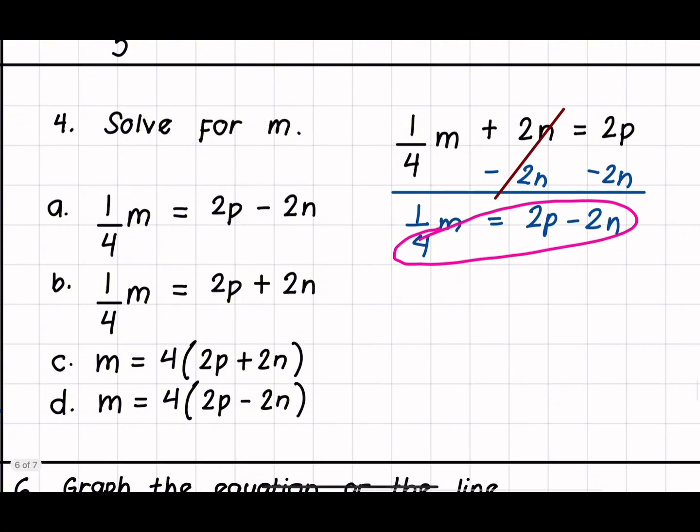So it will give us m is equal to 4 times 2p minus 2n. So the correct answer is m is equal to 4 times the quantity of 2p minus 2n, which is letter D.